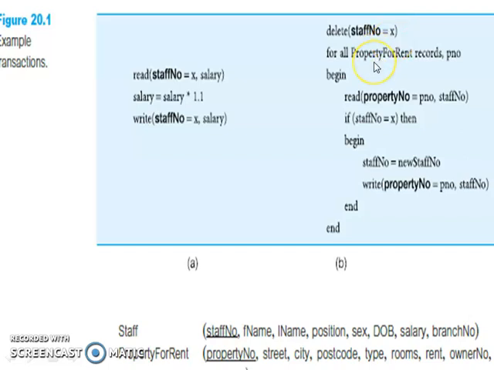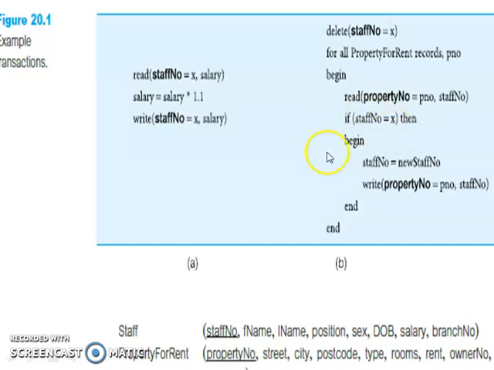But in this case, before deleting this staff number X, we need to find all the property for rent tuples that this member of staff managed, because staff number is common and staff number is a foreign key, that is, a referential key in the property for rent table.